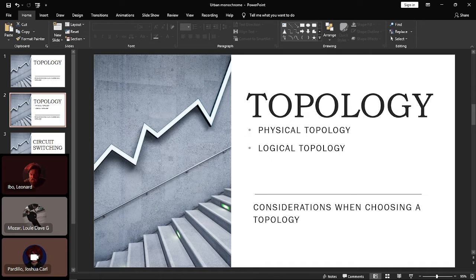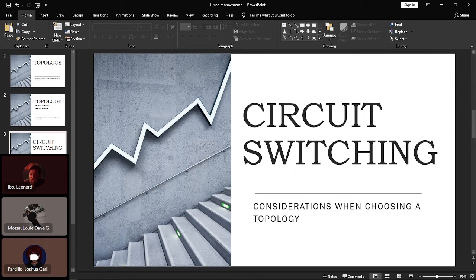So let's go to circuit switching. What is circuit switching? Circuit switching is a method of implementing a telecommunications network in which two network nodes establish a dedicated communications channel through the network before the nodes may communicate.